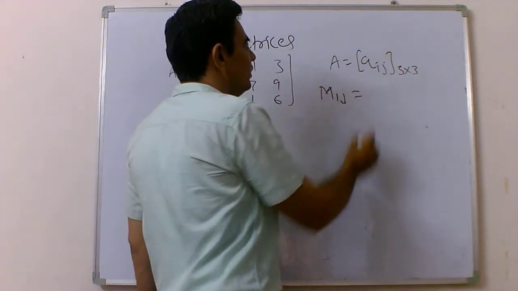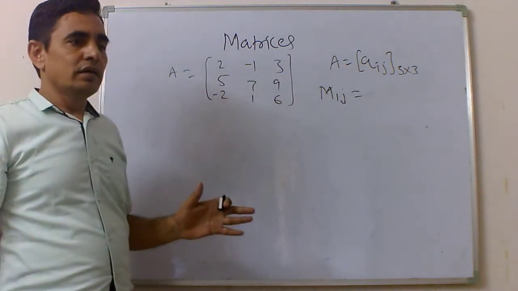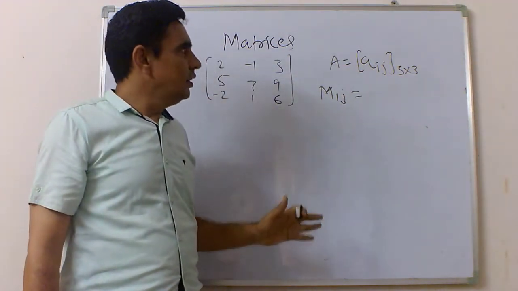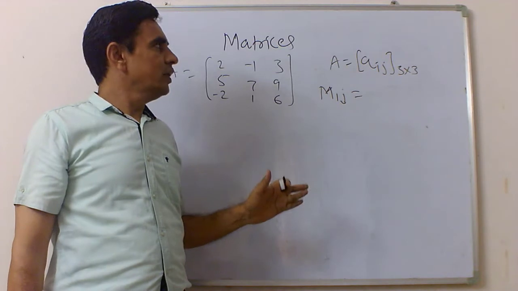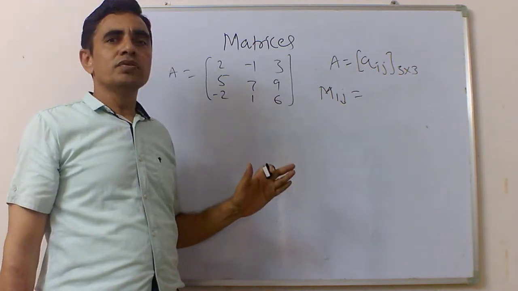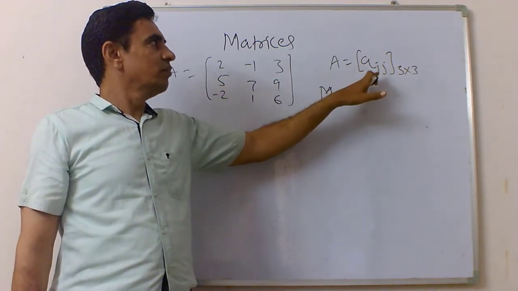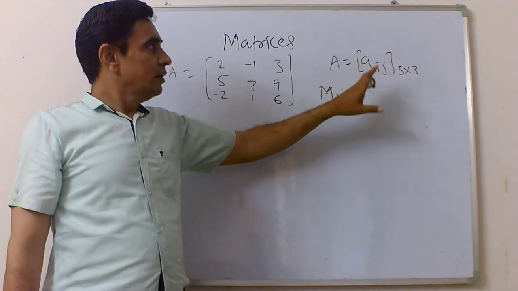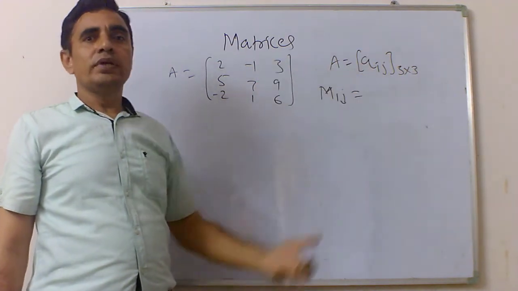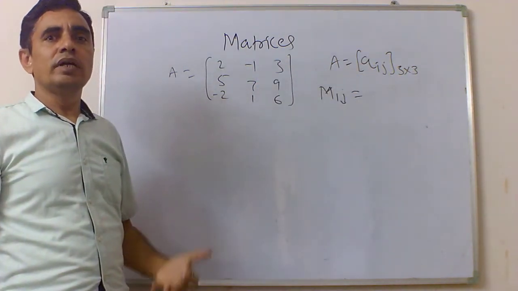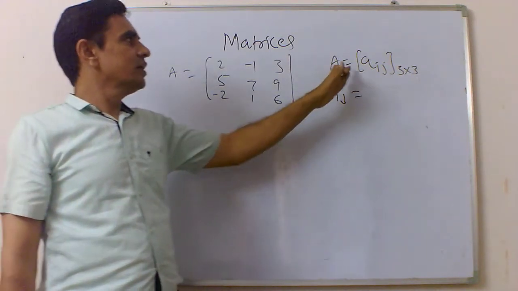It is obtained by deleting the ith row and jth column of that matrix, the determinant obtained by deleting the ith row and jth column of this matrix A.